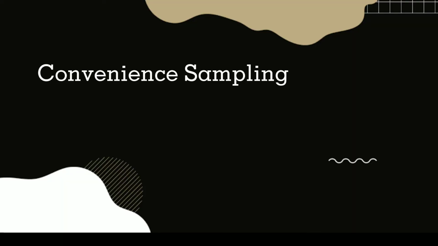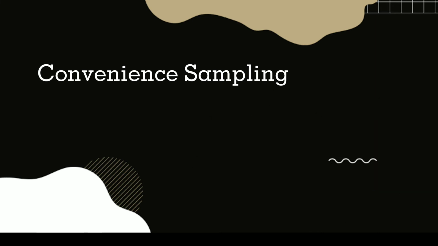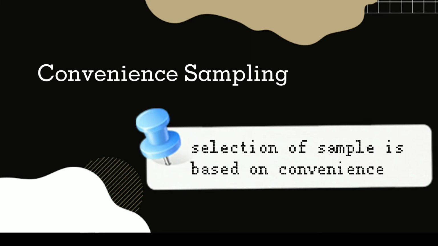First, convenience sampling, also sometimes called accidental sampling or haphazard sampling. As the name suggests, you select a sample that's convenient for you. This is easy and inexpensive way to gather data, but we are not sure if the sample is representative of the population.